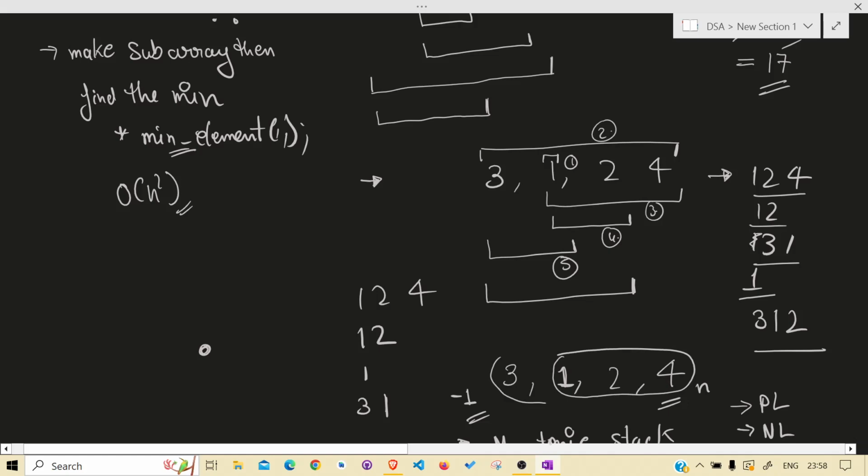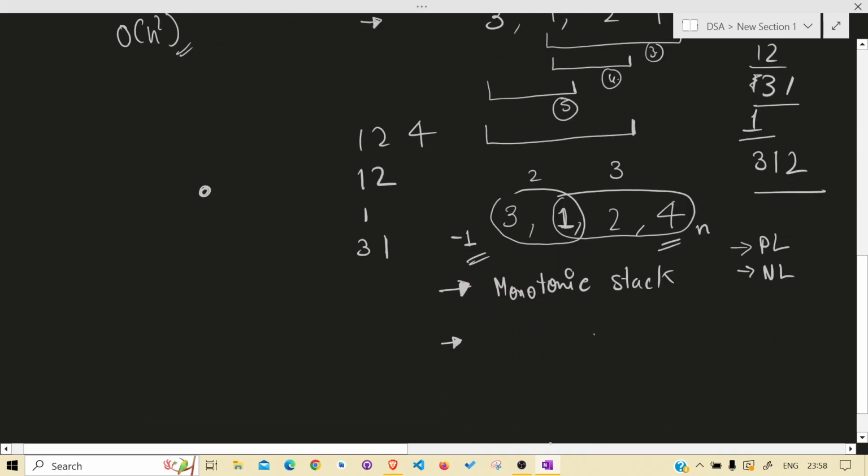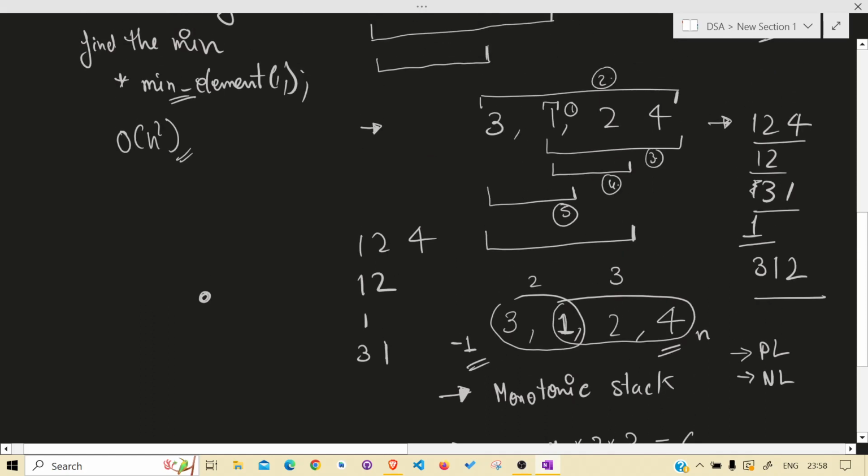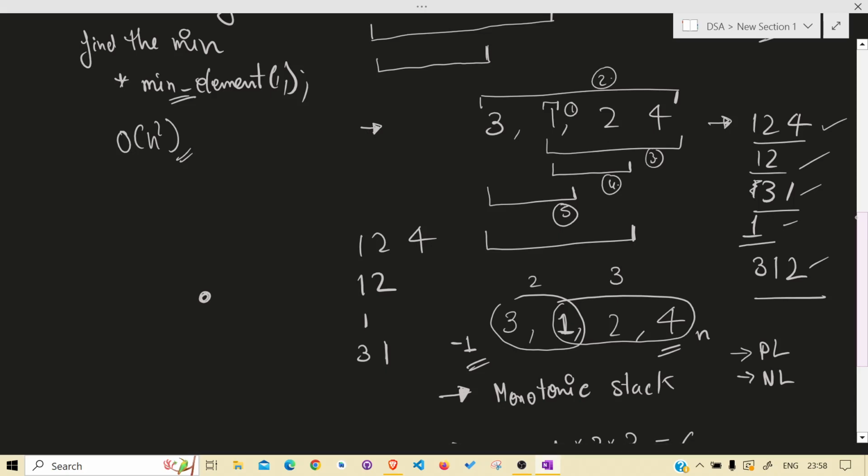What is this length? This is 2, this is 3. 2 into 3 into 1. This is 6. Also 2 times 3, 6 subarrays formed.